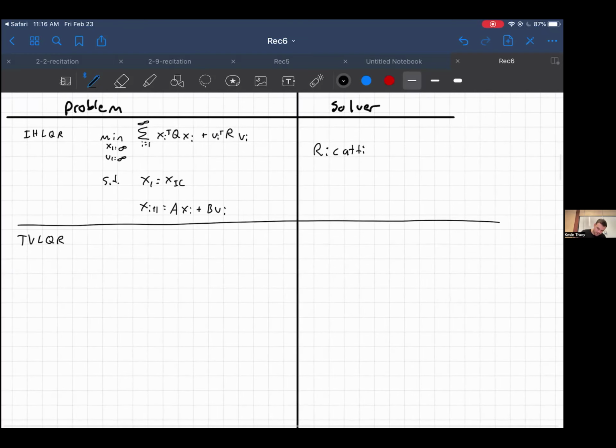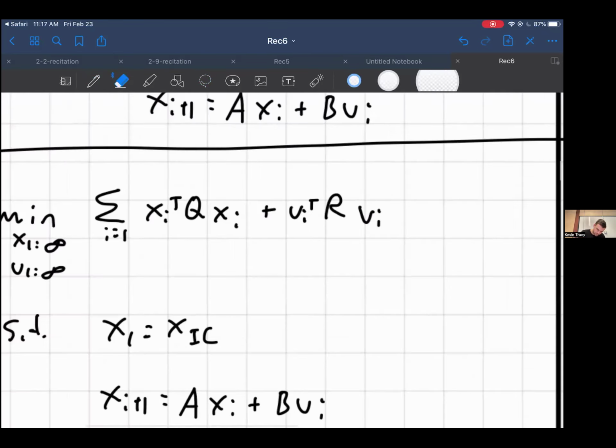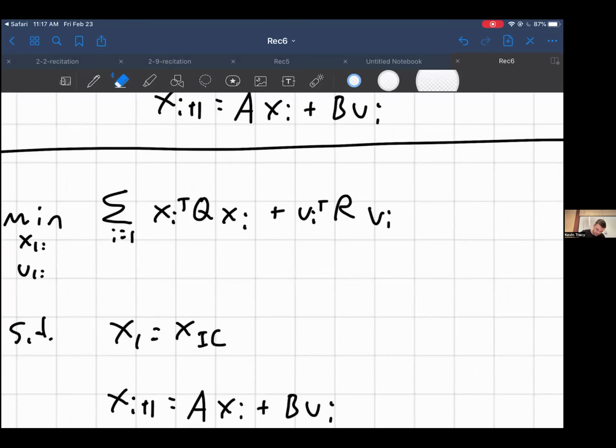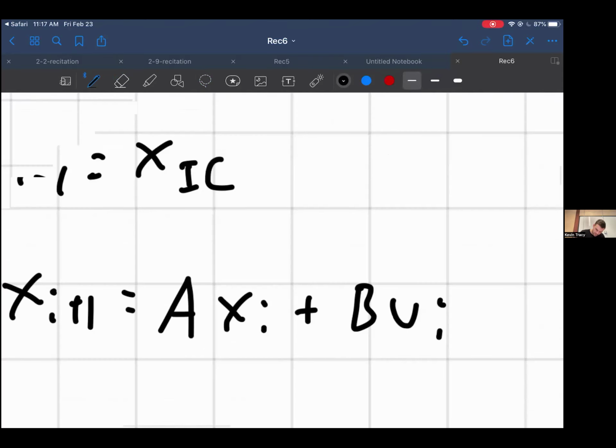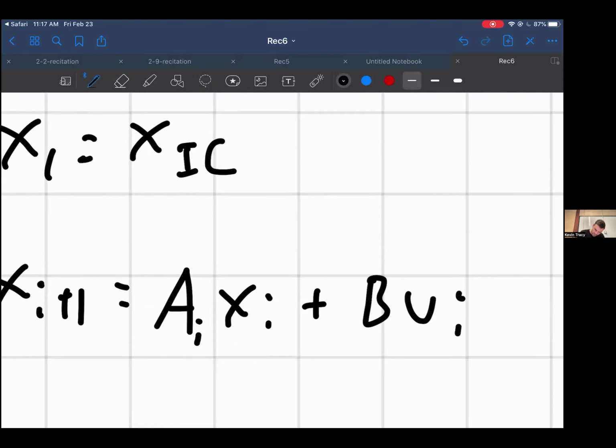So time-varying LQR, I'll just steal this problem. First thing we do is add time-varying components, so A and B are allowed to change at every time step. They don't have to, but they're allowed to.